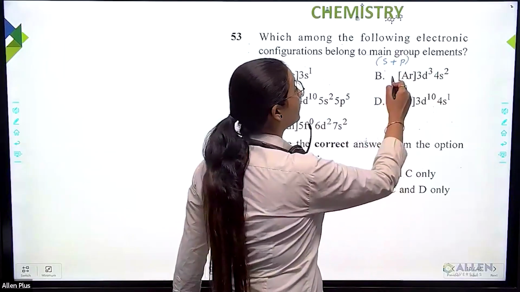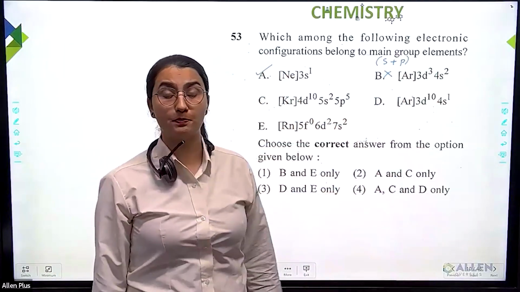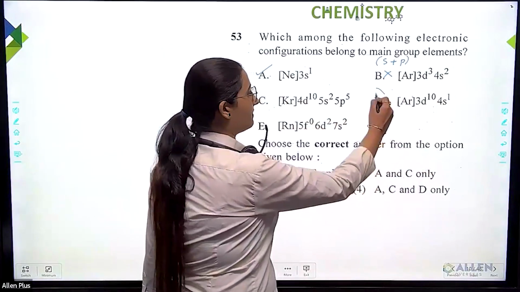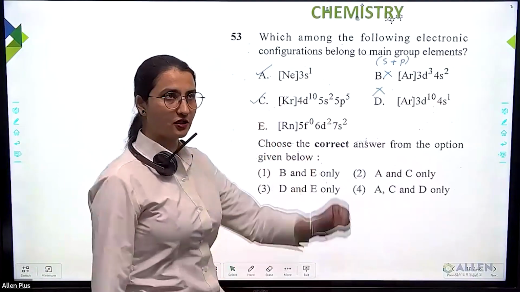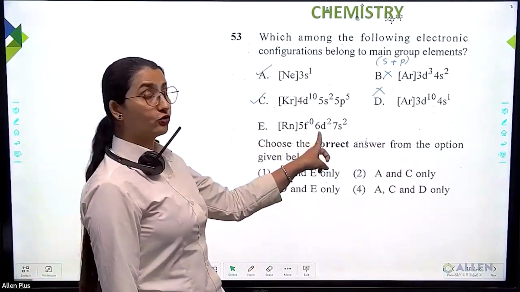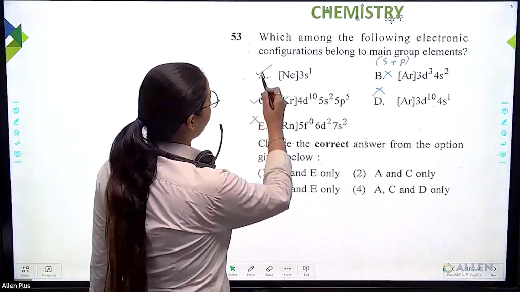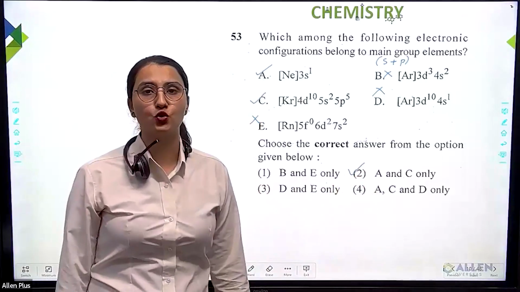No, it's your d block element. It is configuration of copper. Don't see just 4s1 and tick. It's a d block element. Next, this is of p block. It's of group 17. If you check this, it's a lanthanoid configuration, not our main group element. So option A and C only. Option 2.